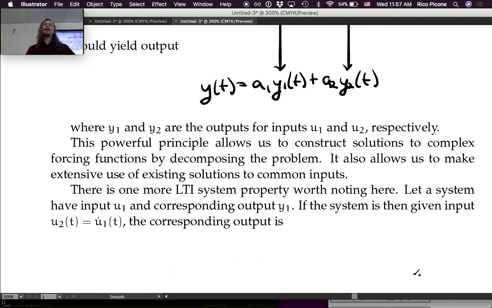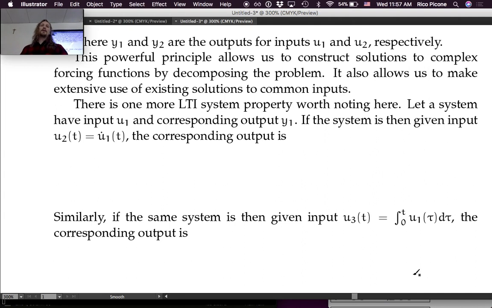So there's one more LTI system property worth noting here. So there are two aspects to it. So let a system have input U1 and corresponding output Y1. If the system is then given input U2, which is just the time derivative of U1, so if you differentiate the input, the corresponding output Y2(t) equals just the time derivative of the output that you got from U1.